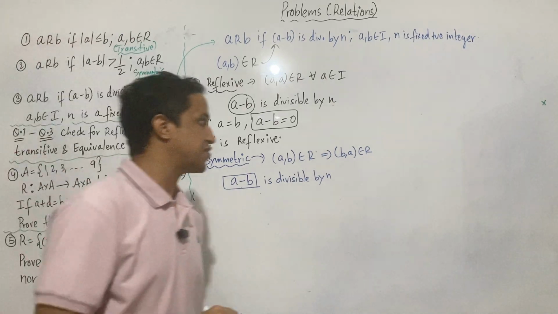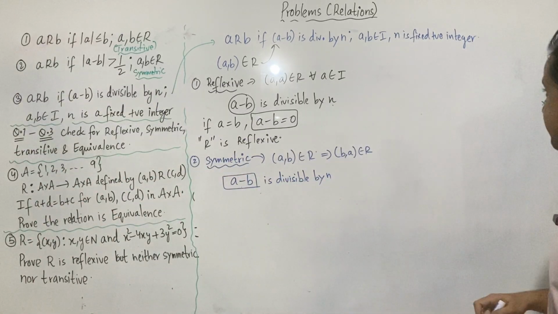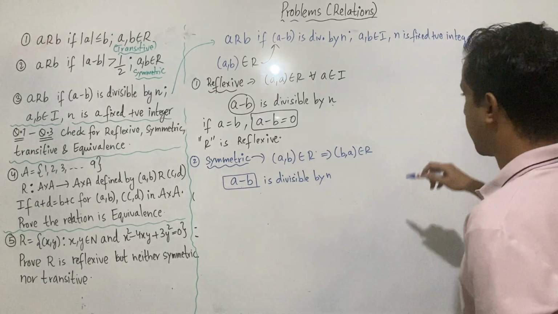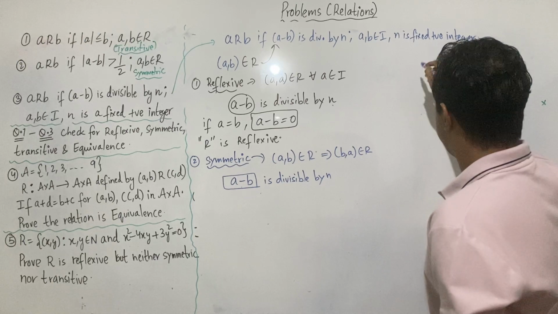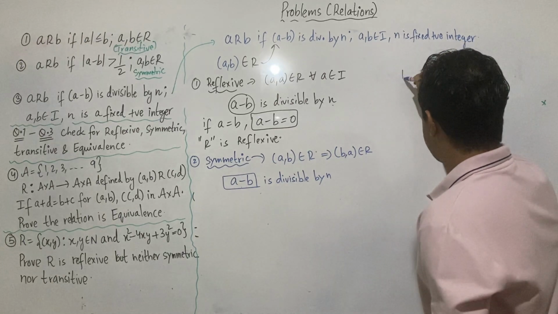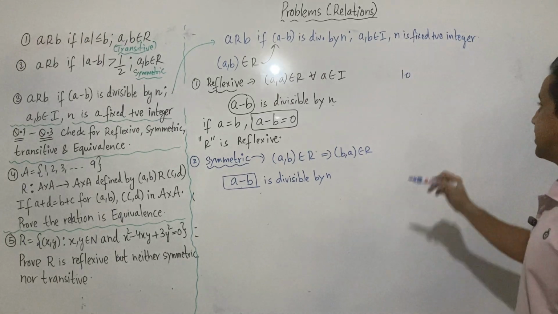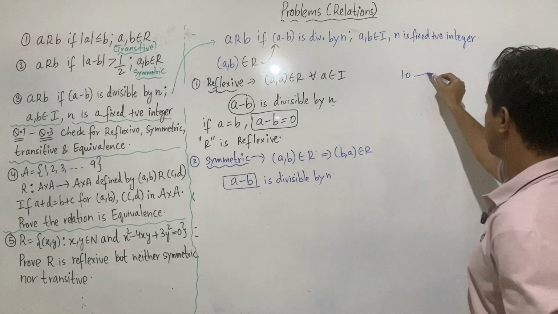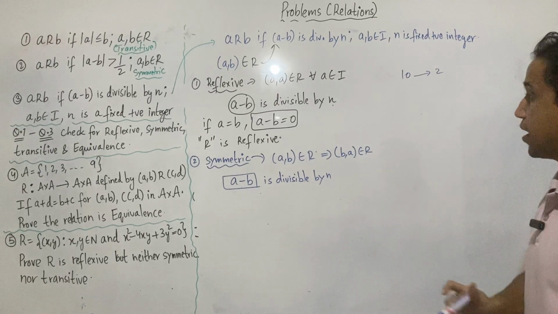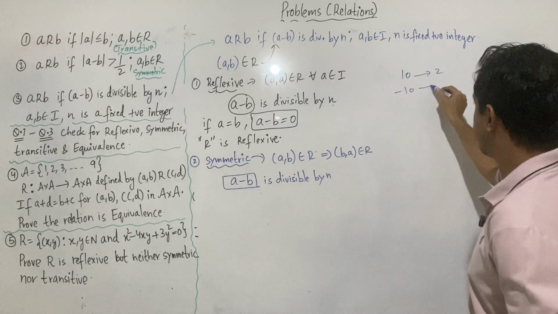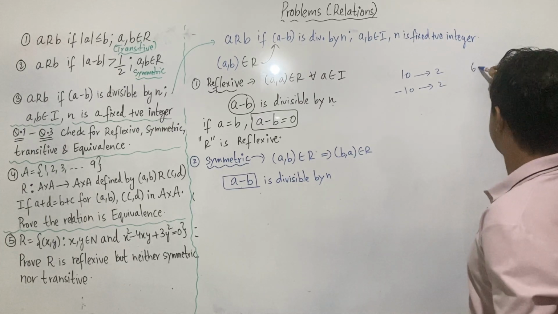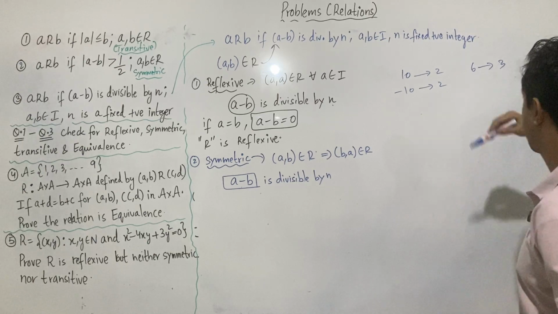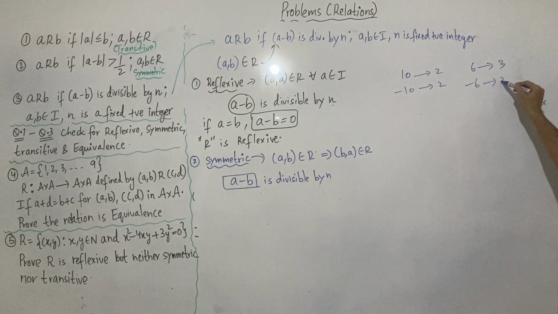Let's say I have a number 10. 10 is divisible by 2, and minus 10 is divisible by 2 too. If 6 is divisible by 3, then minus 6 is also divisible by 3.